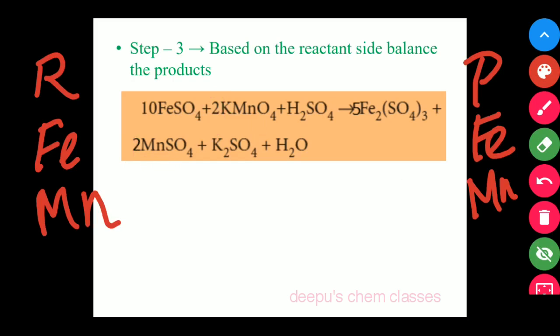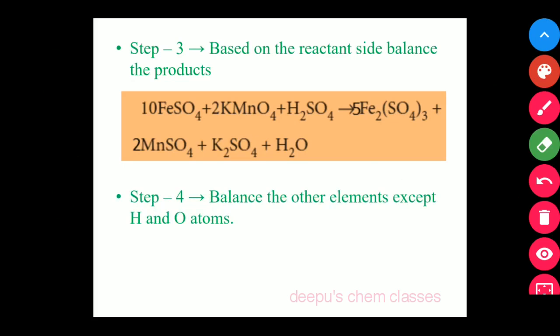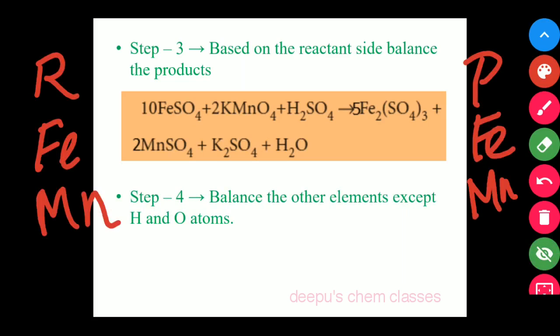Then in the fourth step, other than hydrogen and oxygen, we have to balance the other elements. So other than hydrogen and oxygen, we have sulfur as well as potassium. Potassium: on the reactant side we have 2 potassium, and on the product side also 2 potassium, so it is already balanced.